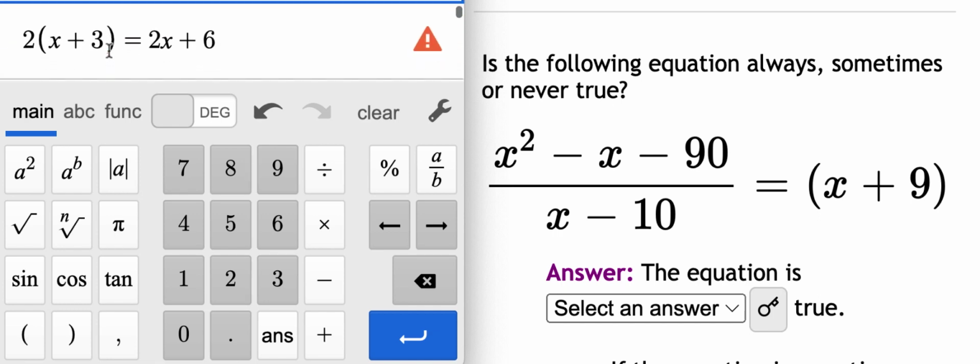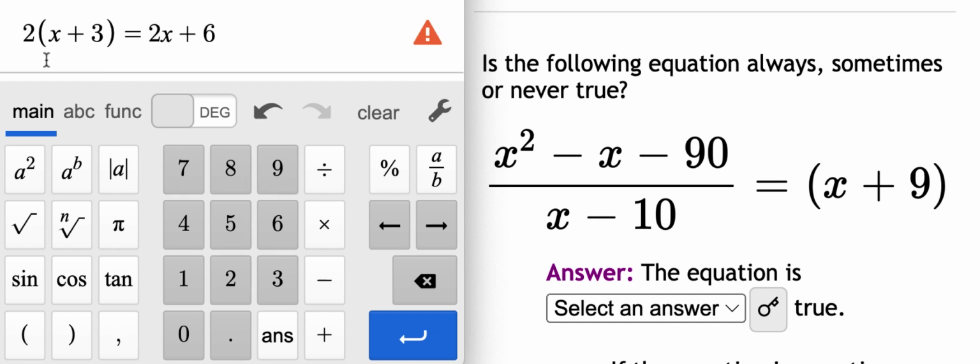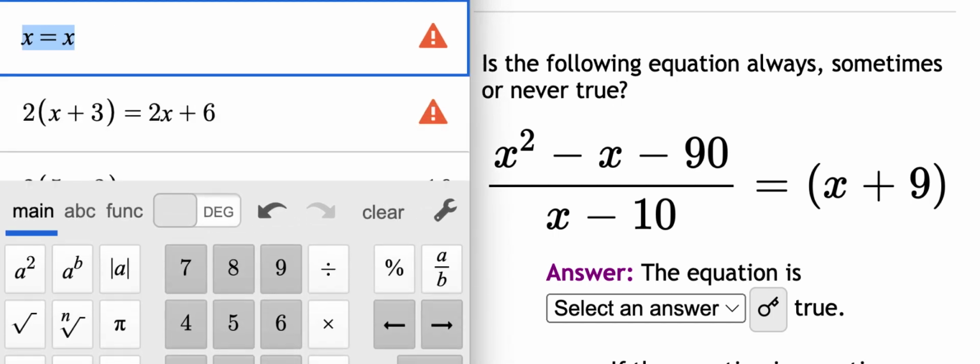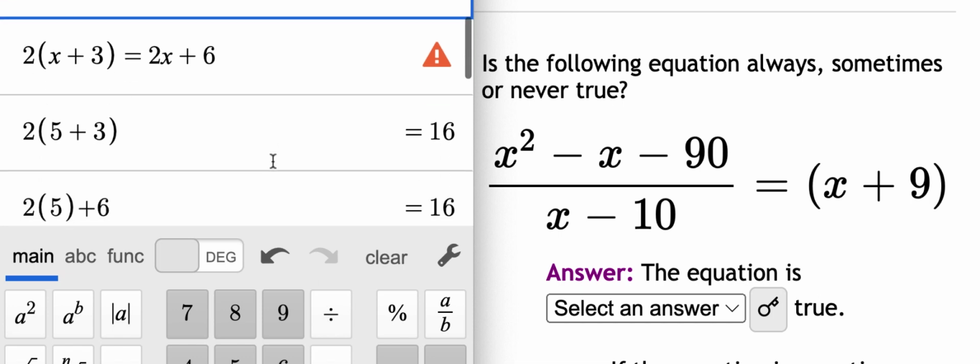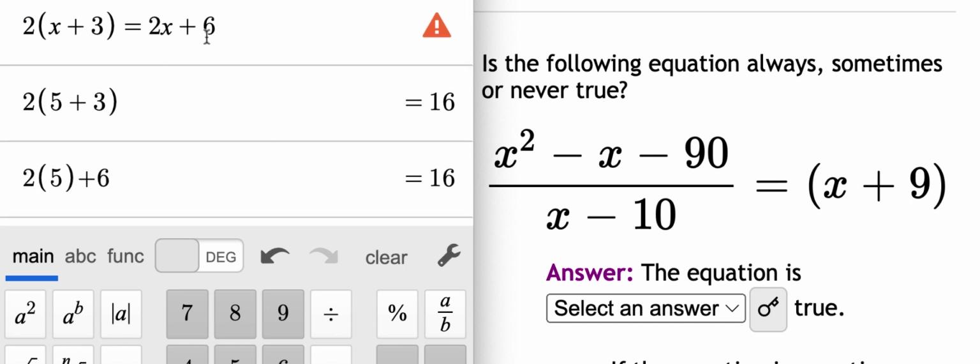I could get a little bit more complicated, but not really. I could take this expression. We know the distributive property to be true, that if you take this 2 and multiply it into x, you'll get 2x plus 6. And if 2x plus 6 equals 2x plus 6, that's an equation that's going to have infinite solutions too. No matter what you pick, you're going to get the same answer on both sides.